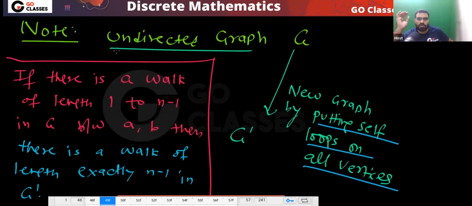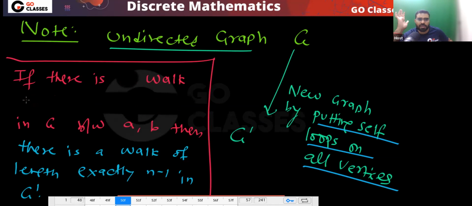You have an undirected graph G. If you put all the self loops, then what will happen?